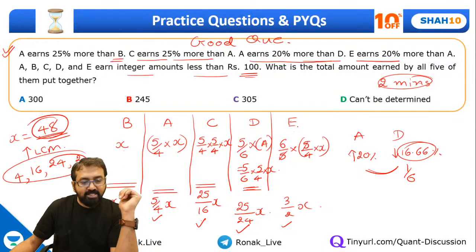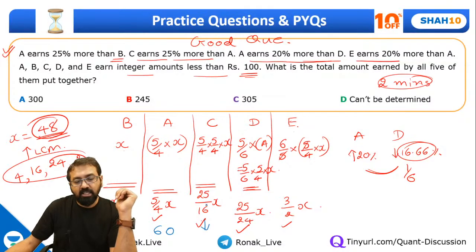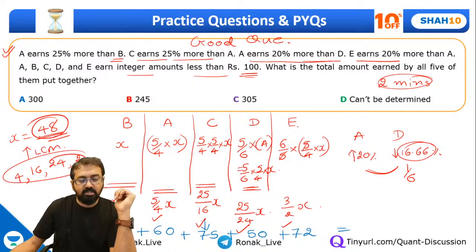So if I take X as 48, B का value आएगा 48. This will be 5 by 4 times 48, so 60. Then this will come out to be 75. Then this will be 50. And this will come out to be 72. What is this total? Solve this and you will get your answer.